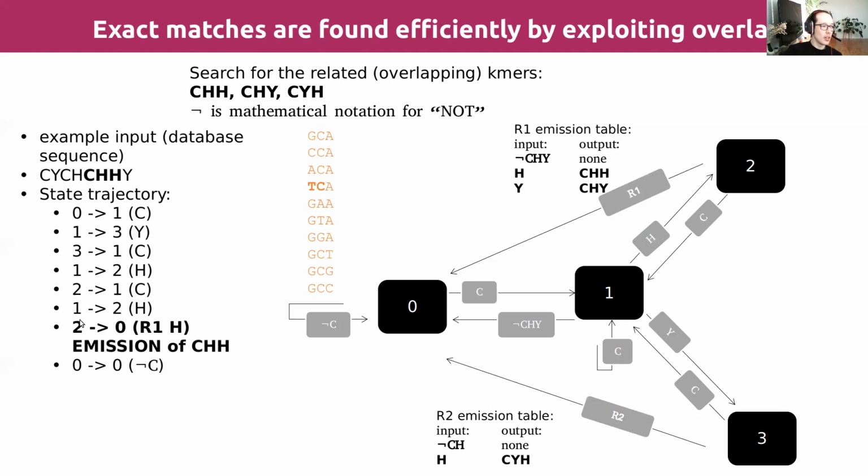And this time, the algorithm finds a hit because the next one, of course, is another H. So then it moves back to state 0 through this exit condition here, or this emission event. And then it will discover a CHH and then go back to the state of having found nothing again and restarting the search with the next base that comes.